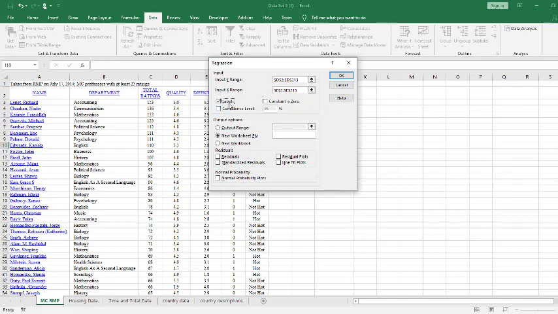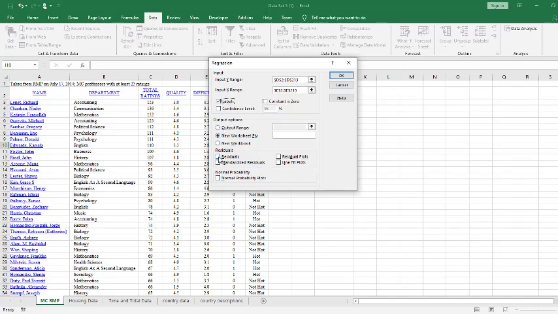I've seen students who don't include the labels in their ranges, so they would start this in D3 or E3, but they do hit the labels button, and so then Excel thinks that 3 and 4.5 are your labels, rather than actual observations. So make sure that's harmonized.